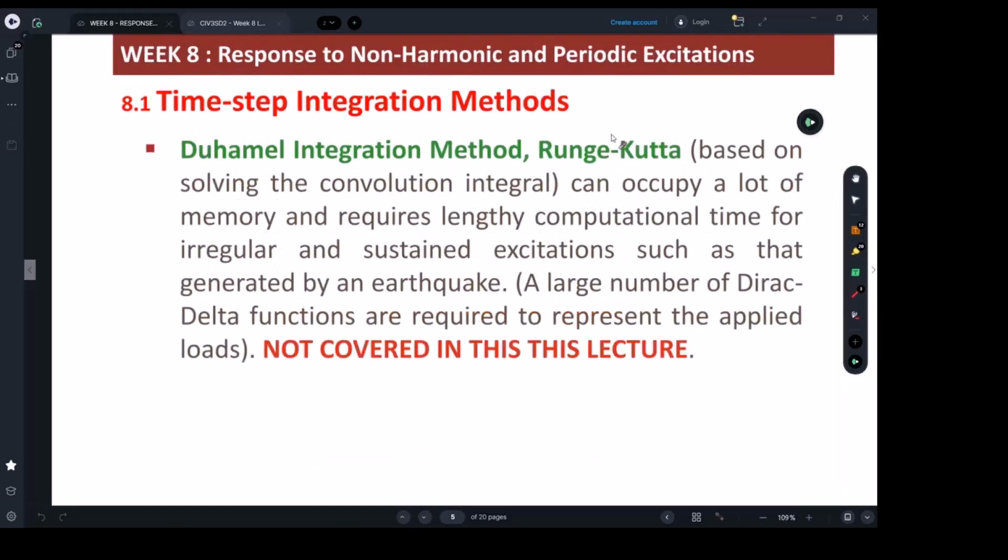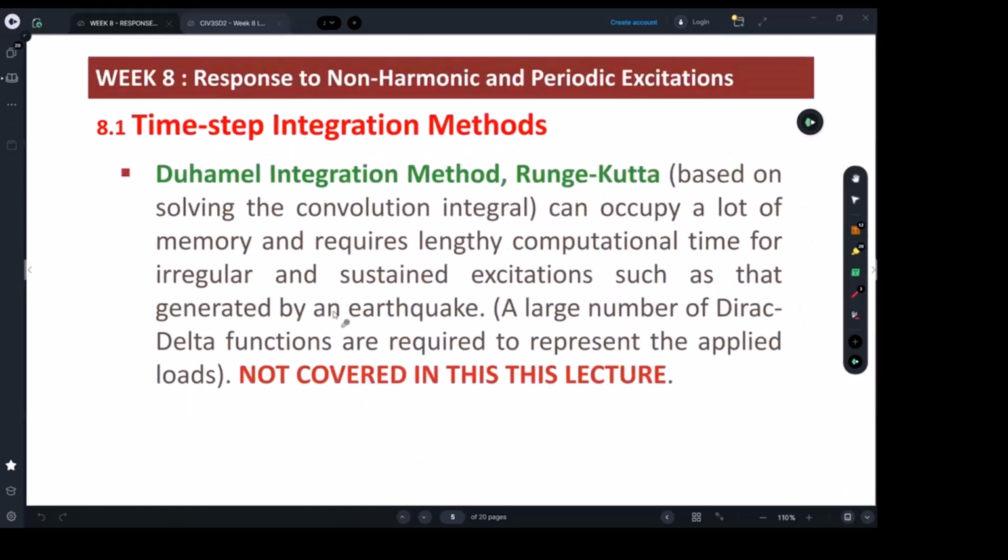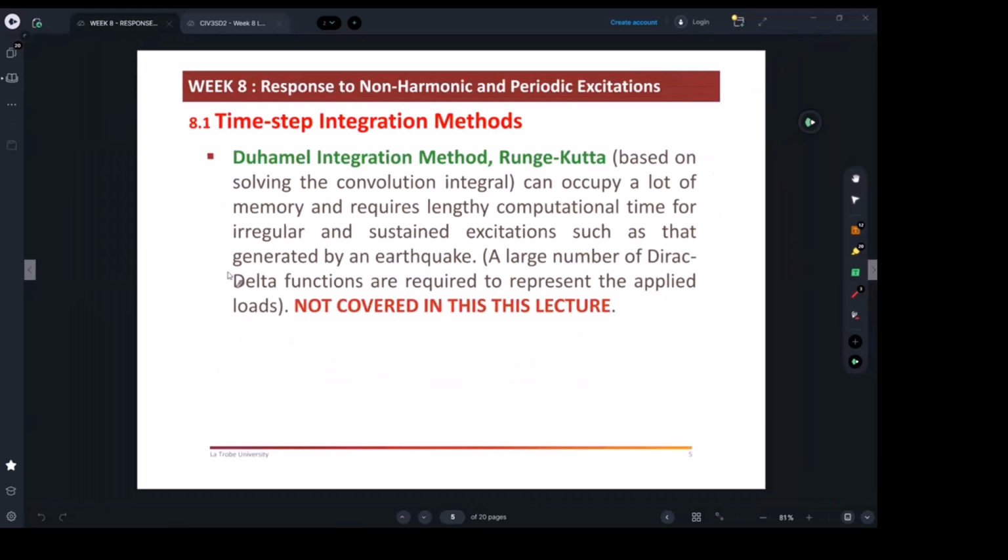We won't be using it, but just for you to know about in case you experience it in the future. There are time stepping methods which researchers use, but they can be used for very special excitations where they can confirm the conditions of the ground excitation, which I will clarify further to you. So basically, this method won't be something we're going to apply, but it is available. And again, more details are available in the textbook.